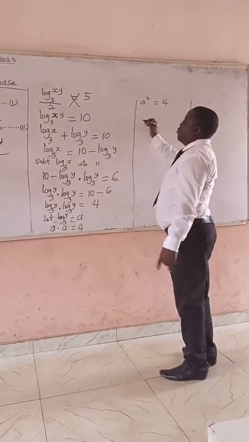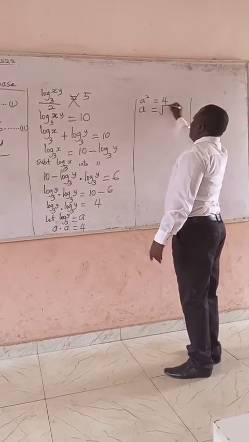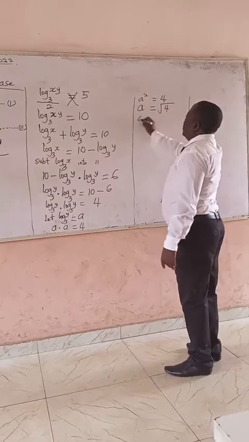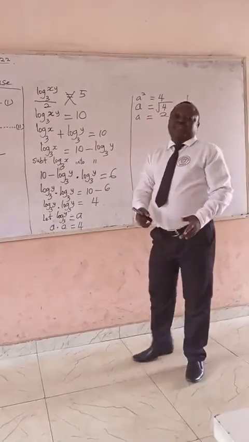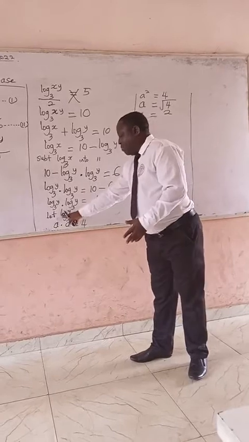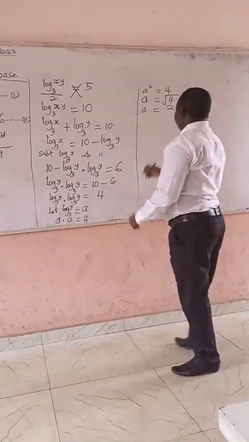If A squared is equal to 4, A is simply the square root of 4, and A is equal to 2. But don't forget, we represented a particular logarithm by A. So we have to go back to that equation.